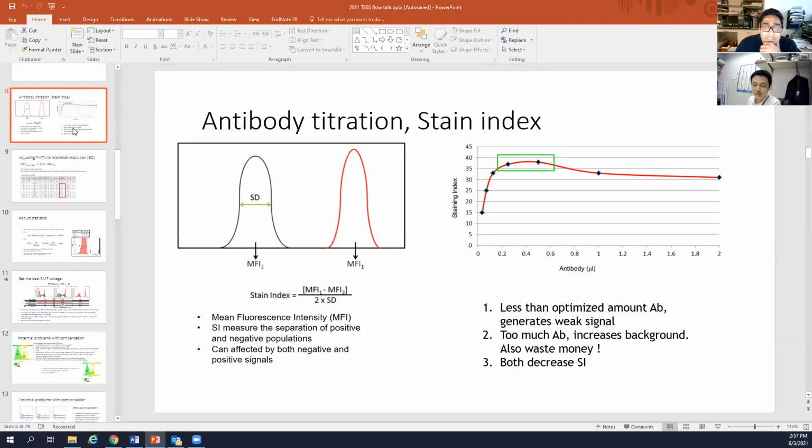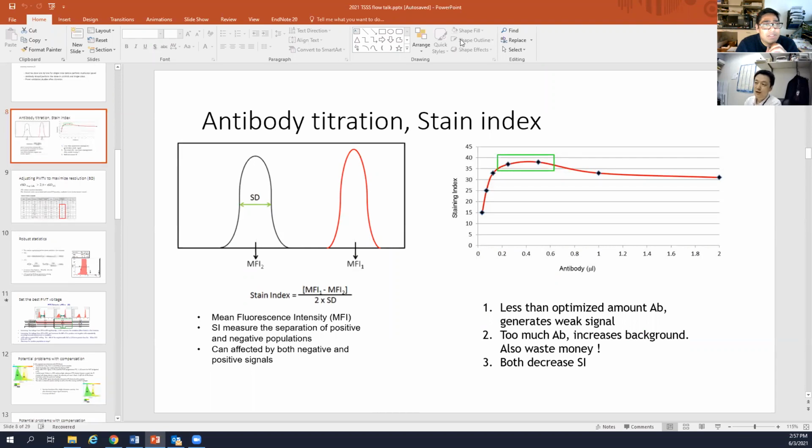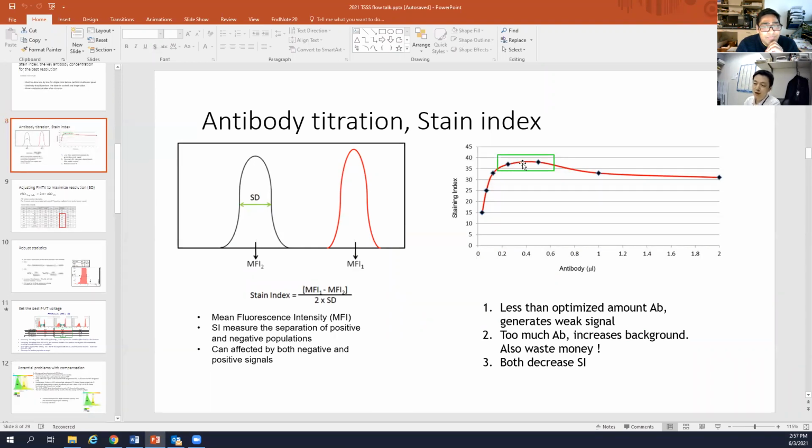If it shows 0.2 and 0.5, that's two points we have here. Does it mean we can choose either concentration for our experiment? Yes, you can choose either concentration or something in the middle. Okay, thank you so much. This is the only question.